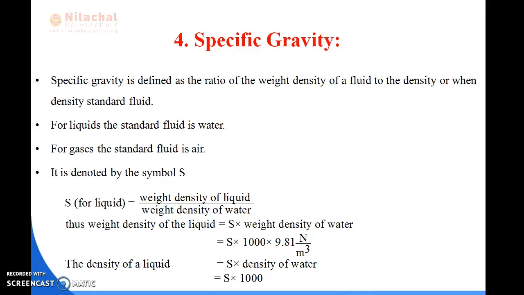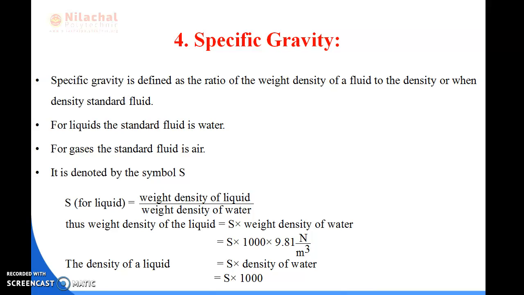The last property is the specific gravity. It is denoted by S. The specific gravity is defined as the ratio of the weight density of a fluid to the density of a standard fluid. For liquid, the standard fluid is water.